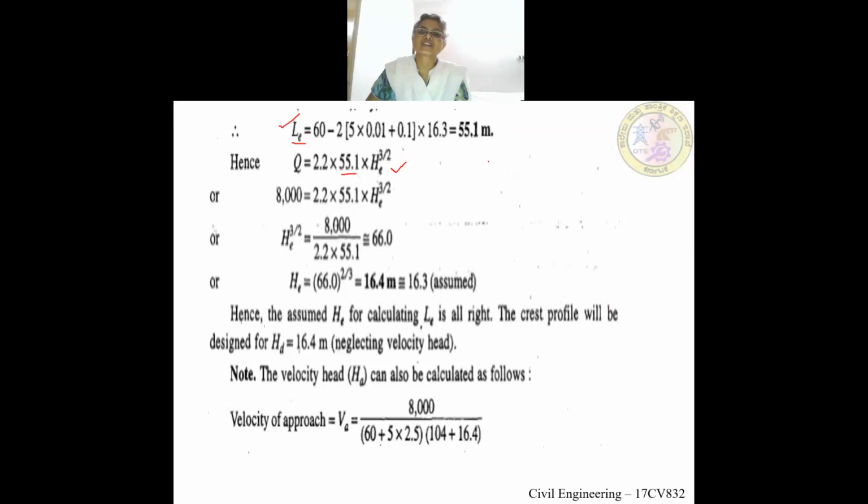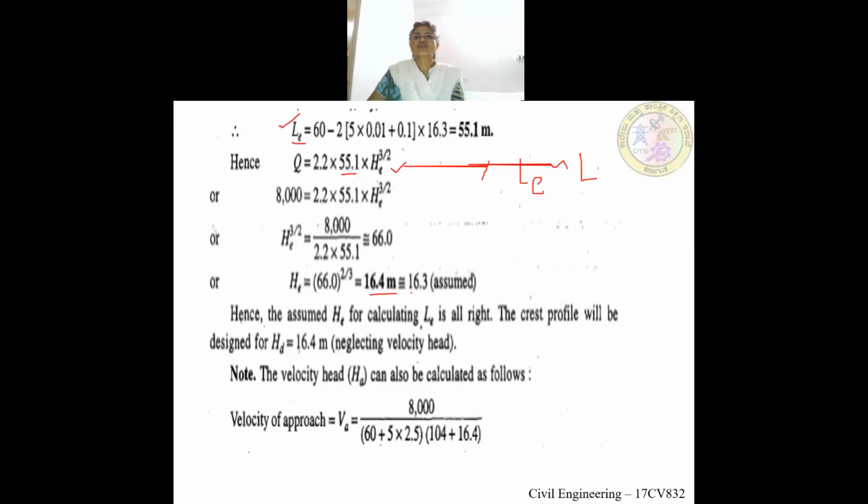When we first calculated, we assumed LE as approximately equal to L. Now Q is 8,000, 2.2 into 55.1 is LE. From this LE, you will get 16.4 meter.